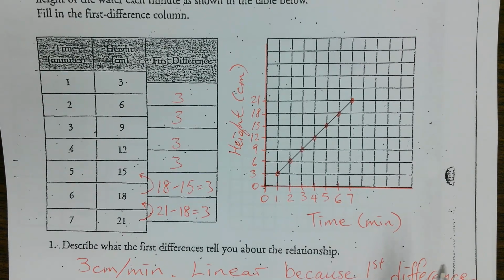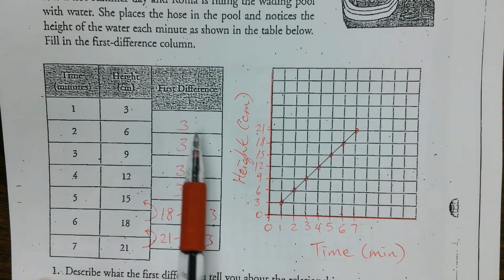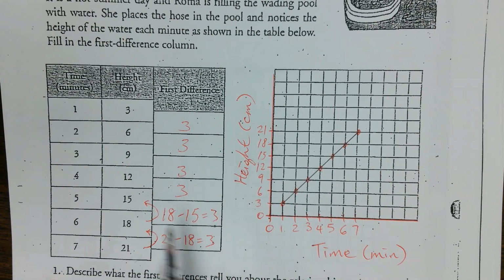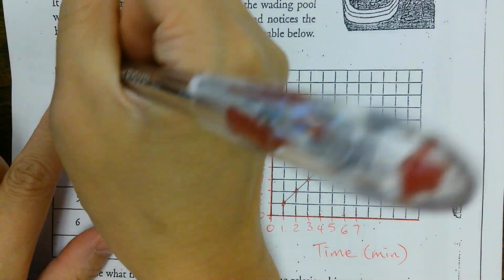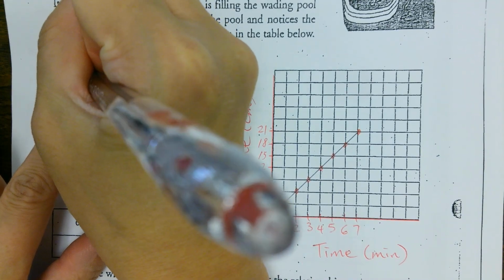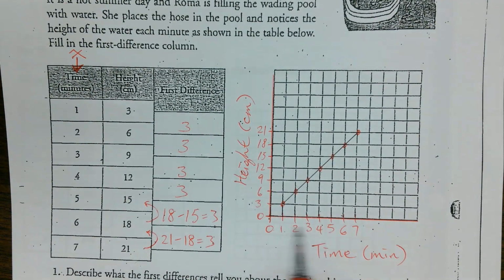Okay, so I think everybody got a chance to look at the first example. You guys were able to do that. I caught some mistakes walking around. Remember, this first column is always your x, your independent variable. One mistake that I caught was, remember, the scaling is the most important part of a graph.